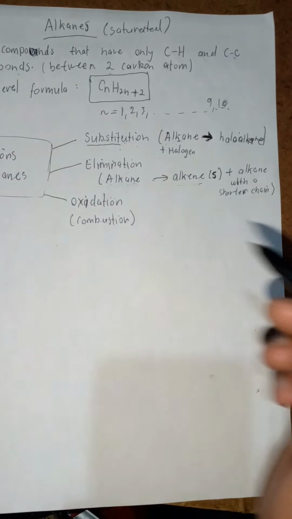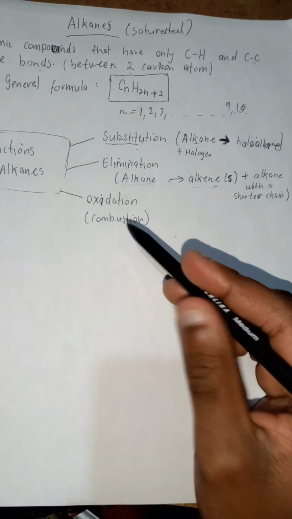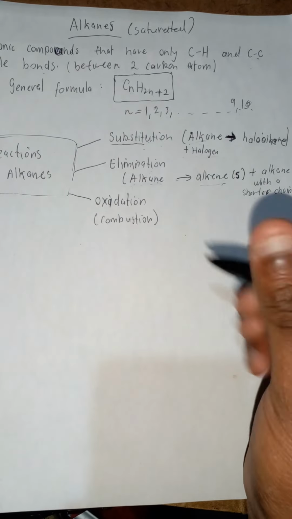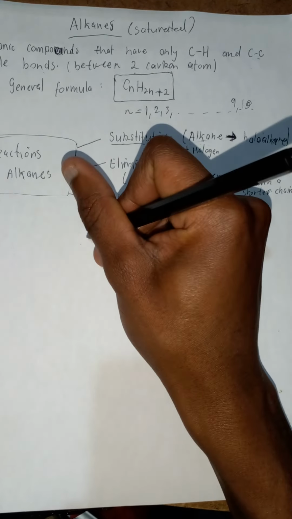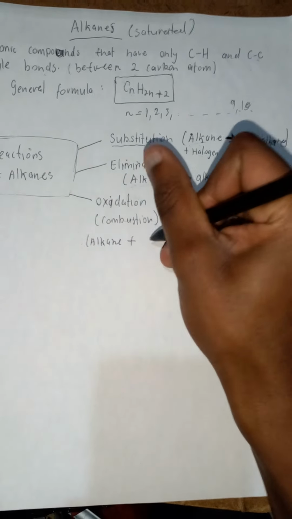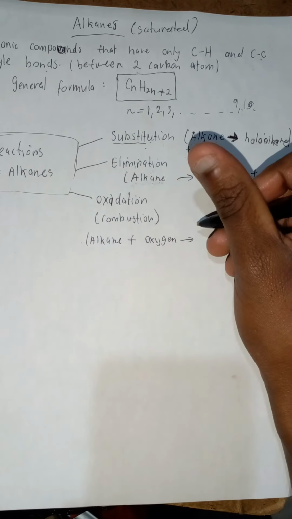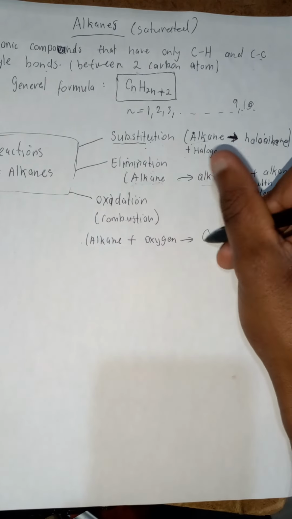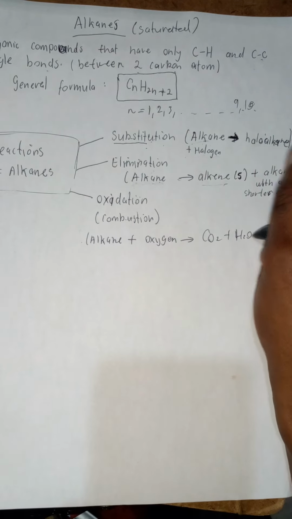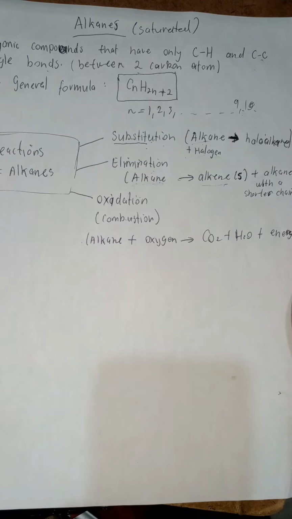Oxidation is another reaction that happens in alkanes. So what is oxidation? Oxidation is basically a reaction of an alkane reacting with oxygen to form carbon dioxide, which is CO2, plus water, which is H2O, plus the energy, which is being released into the atmosphere.